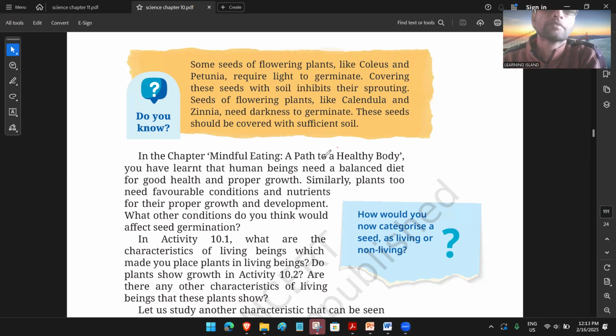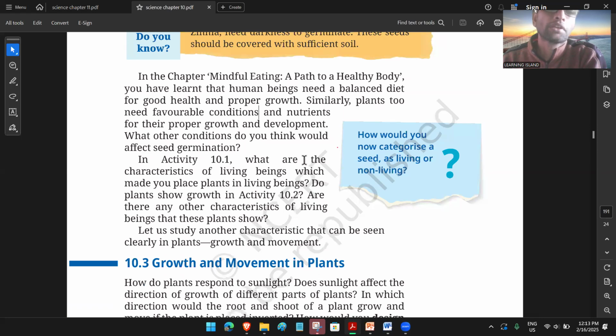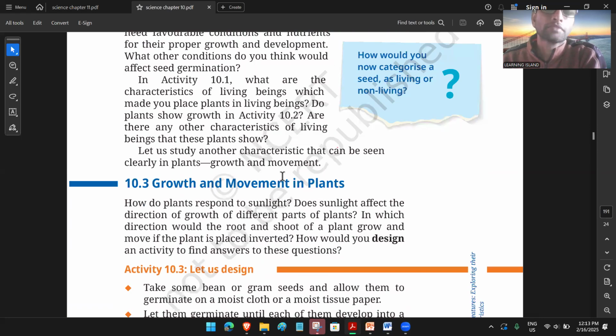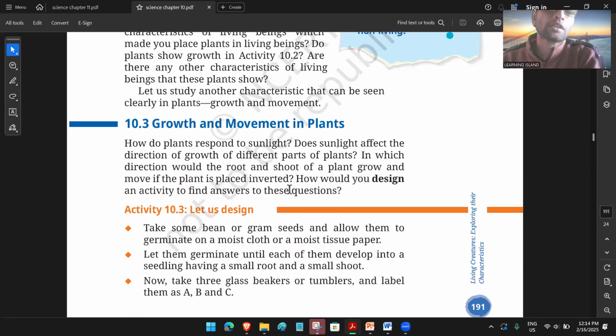यहाँ पे क्या बताया गया कि इन दिस चैप्टर माइंडफुल ईटिंग, a path of healthy body। हाँ, ईटिंग तो करना पड़ेगा ग्रोइंग के लिए। अब आता है ग्रोइंग में, ठीक है। जर्मिनेशन हो गया, अभी ग्रोथ कैसे होता है, ग्रोथ के लिए कुछ चीज लेना पड़ता है, ईटिंग, न्यूट्रिशन, है ना। How do plants respond to sunlight? Does sunlight affect the direction of the growth? ये प्लांट को आप अंधेरे में रख दोगे और खिड़की के पास देखना, ये प्लांट जो है ना, it will bend towards the window, mainly toward the sunlight.